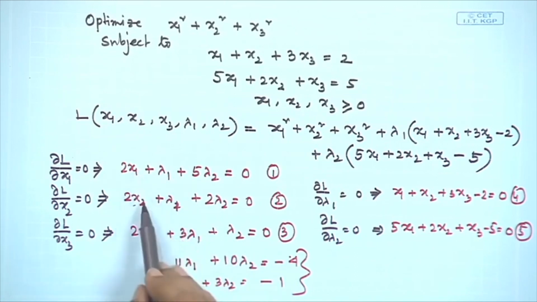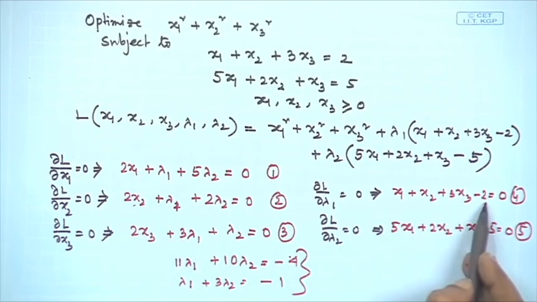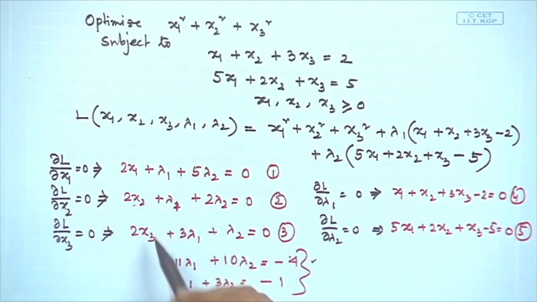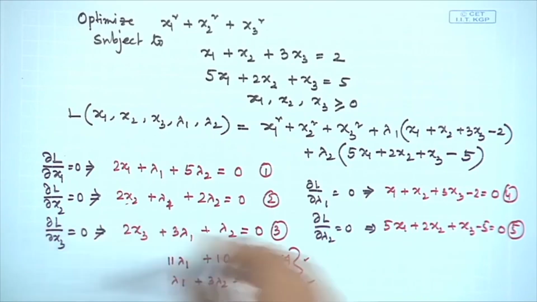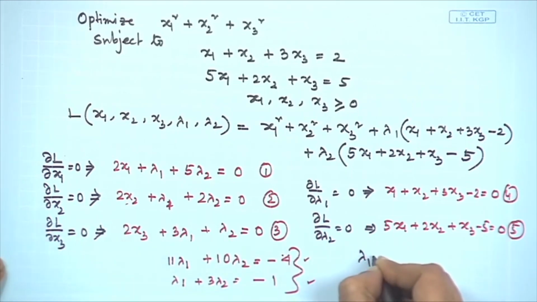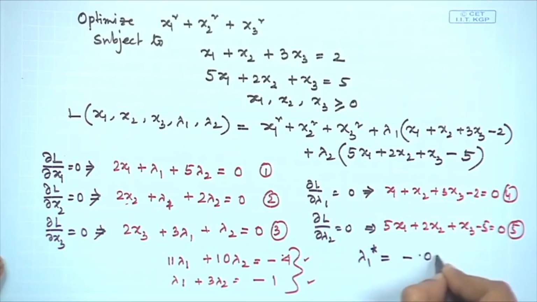Substituting this x1, x2, x3 in the constraint equations gives the two equations, and from here we get lambda 1 star equal to minus 0.087, and lambda 2 star equal to minus 0.304.